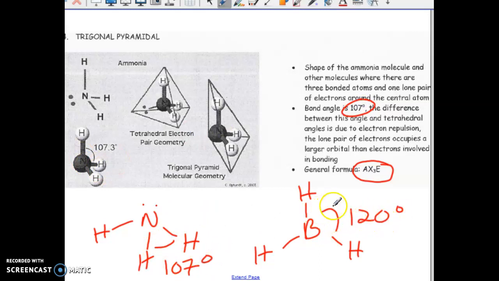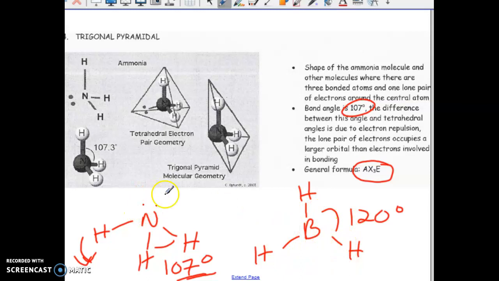The bond angle when you have 3 atoms and no lone pairs are all equivalent around, which is 120, 120, 120. As soon as you introduce a lone pair of electrons, notice the bond angle of those three elements becomes smaller. It's almost like they're being squeezed together in comparison to when you have three on this side.